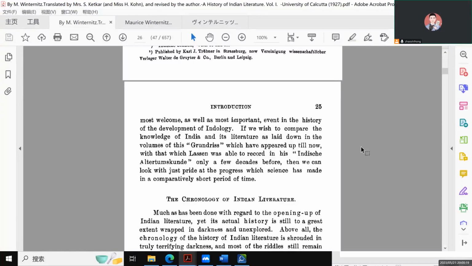So if any of you are interested in this endangered discipline, everyone in this field will be very happy, because there must be somebody who can carry these things on and continue to do research. That's what I think researchers on Indology and Buddhism should do in the future.